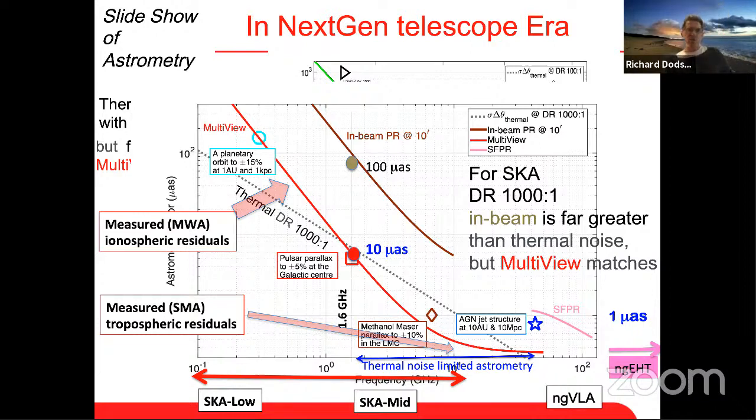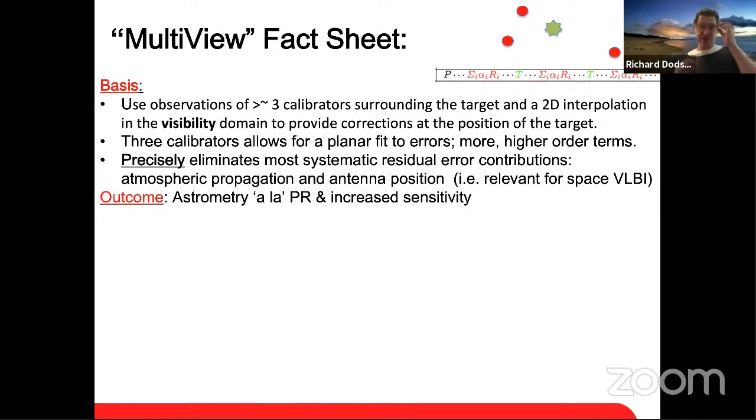So the multi-view fact sheet I give here is the basis of multi-view. It uses 3 calibrators surrounding the target as in the diagram above, and you make a 2D interpolation to the target in the visibility domain to provide the corrections at the position of the target. 3 calibrators allows for a planar fit, but if you have more calibrators, you can fit for higher order terms.